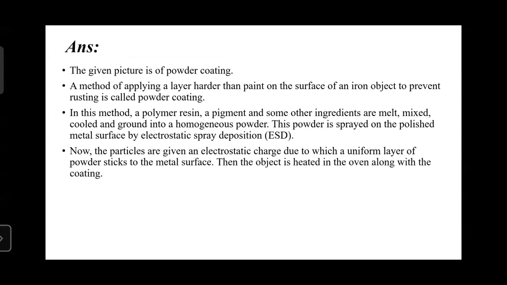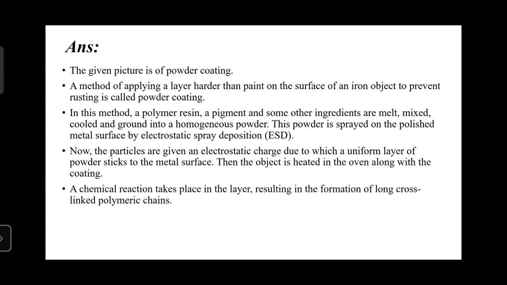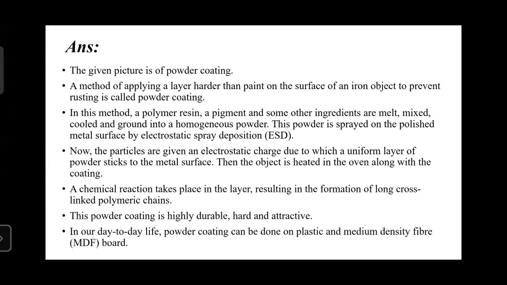Then the object is heated in an oven along with the coating. Now the chemical reaction takes place and it results in the formation of long cross-linked polymeric chains. This powder coating is highly durable, hard, and attractive. In our day-to-day life, powder coating can be done on plastic and medium density fiber, that is MDF board.